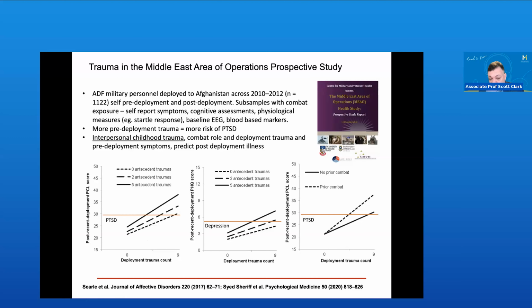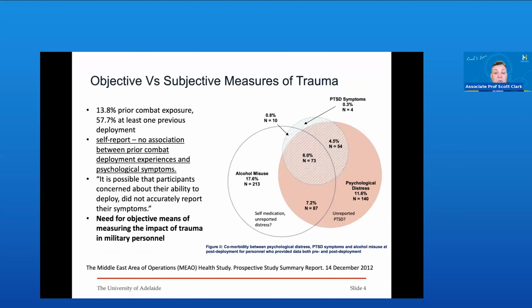So the more traumas you'd have, the more likely it is that you would develop PTSD. And those with no prior combat trauma were less likely to develop PTSD. So the more exposure you have to trauma, the more likely you are to develop PTSD.